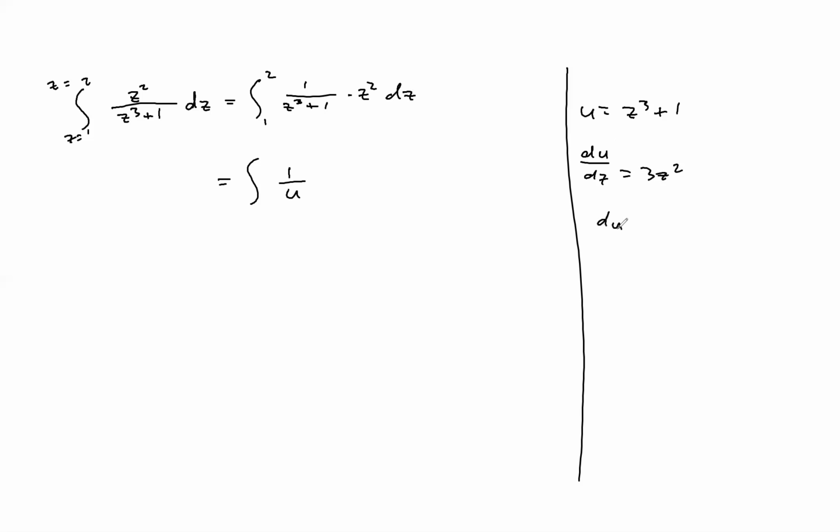So then du equals 3z squared dz, if I move that dz over to the other side. And again, this basically matches this z squared dz. The only thing is I have this extra 3 hanging around, so to get rid of that, I'll divide both sides by 3. z squared dz equals 1/3 du. So this piece of my integral, the z squared dz, turns into a 1/3 du.